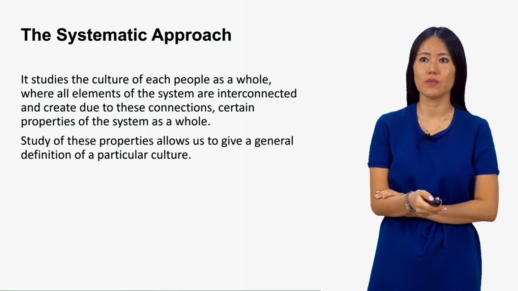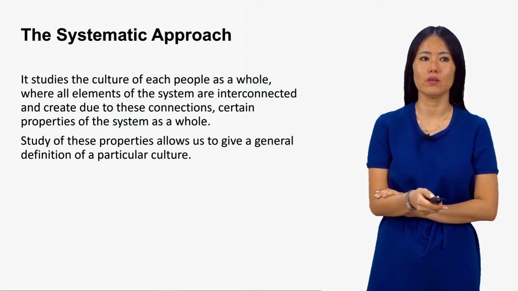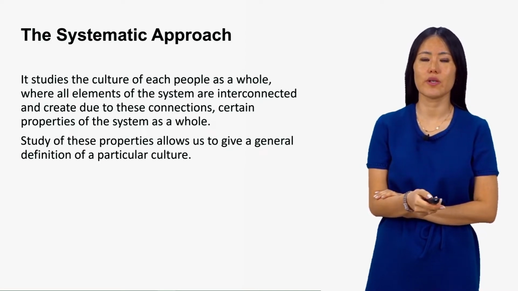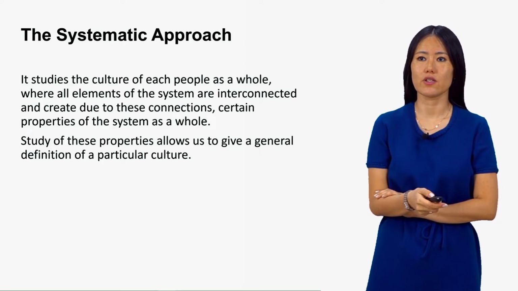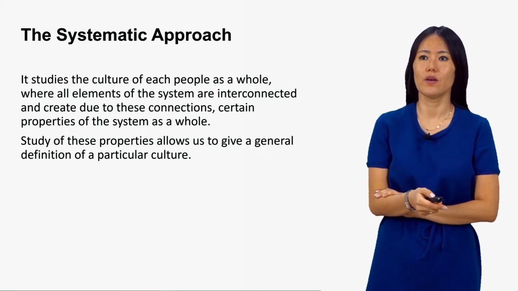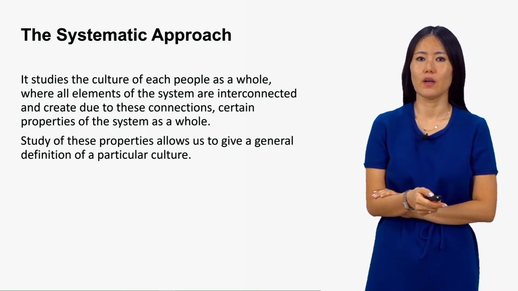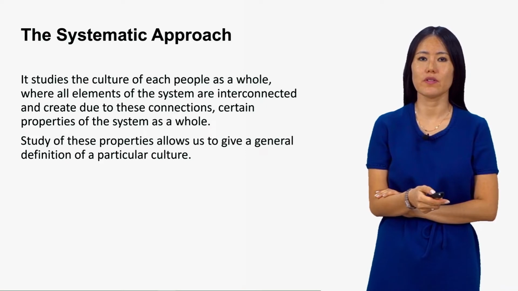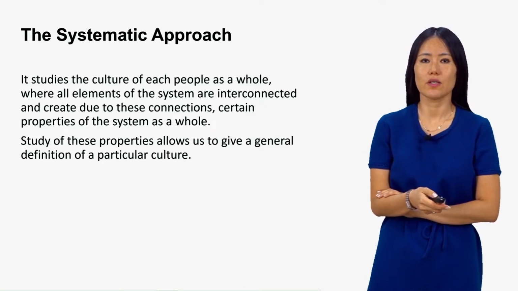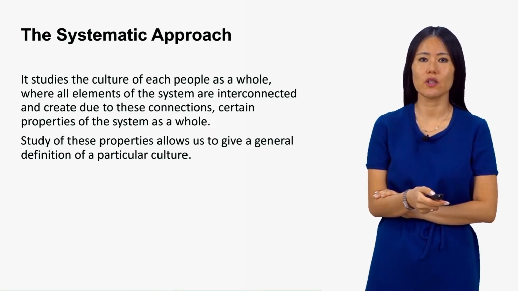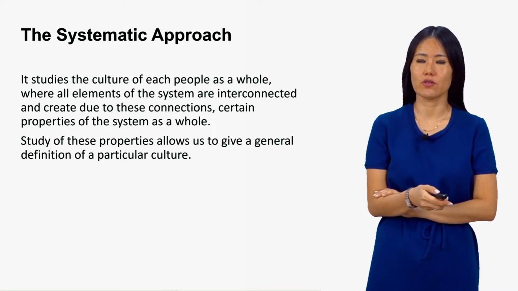The systematic approach studies the culture of each people as a whole, where all elements of the system are interconnected and create, due to these connections, certain properties of the system as a whole. So the study of these properties within the frame of the systematic approach allows us to give a general definition of a particular culture.